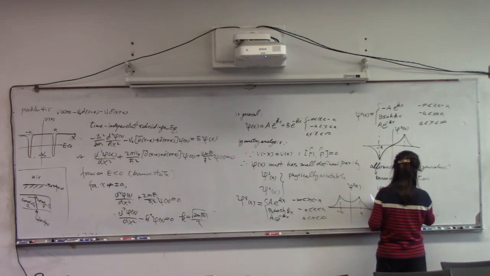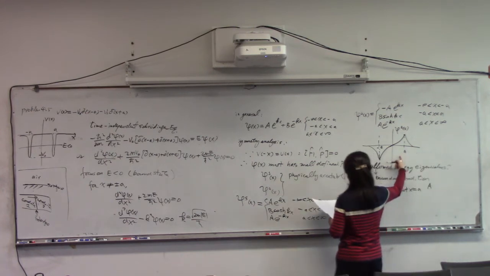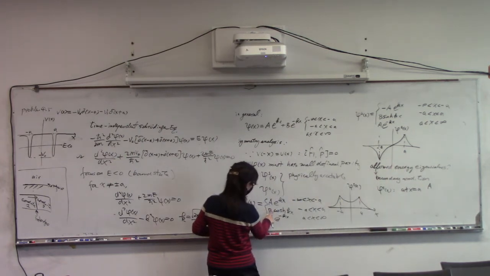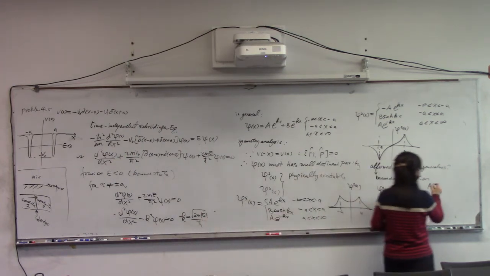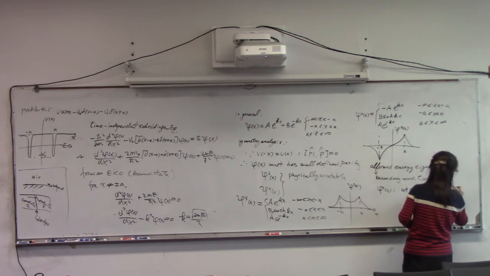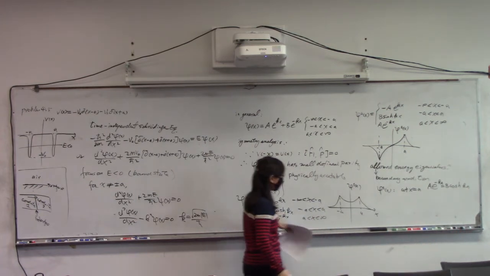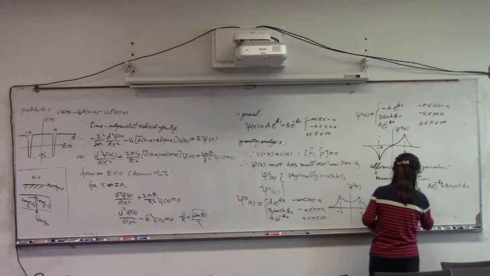So for this one, at x equal to a, this is positive, right? So these two parts: A e^{-ka} is equal to B cosh(ka), right? Then the other is x equal to minus a.